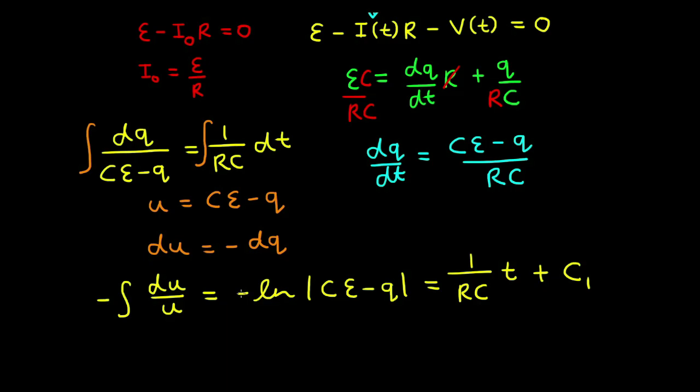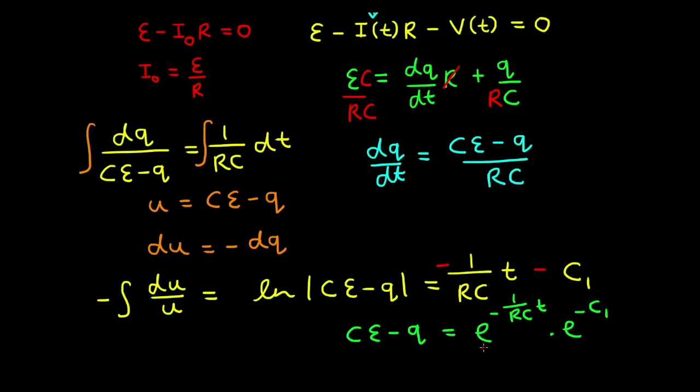And now if we divide through by minus 1, we get a minus and a minus, and then take e to the power of both sides. So we get C epsilon minus Q is equal to e to the negative 1 on RC by t, and that's multiplied by e to the minus C1.